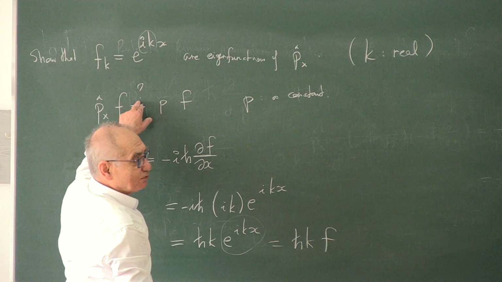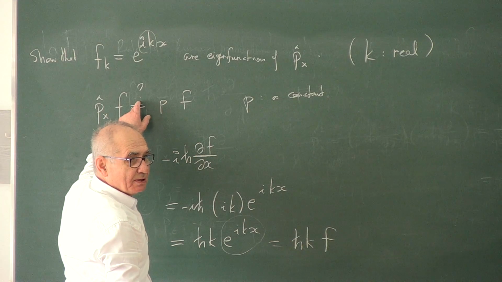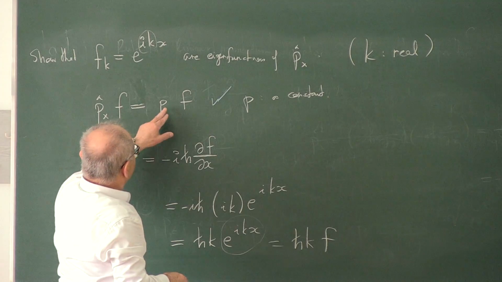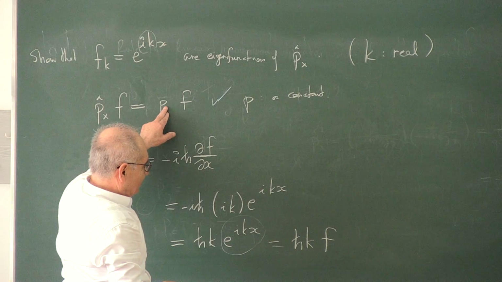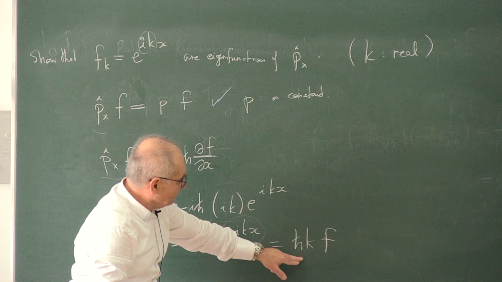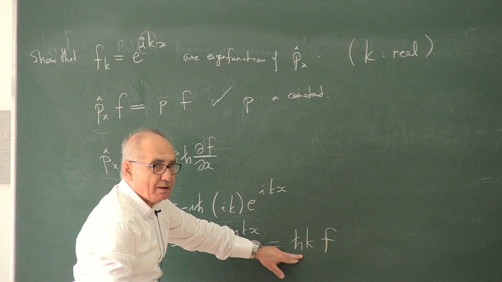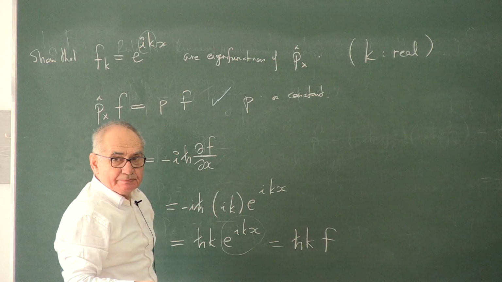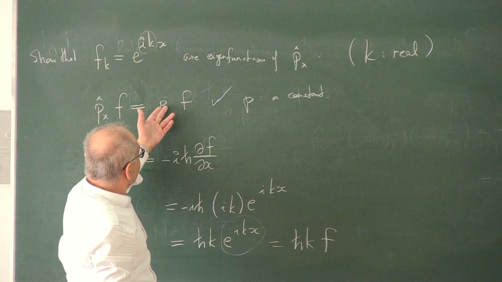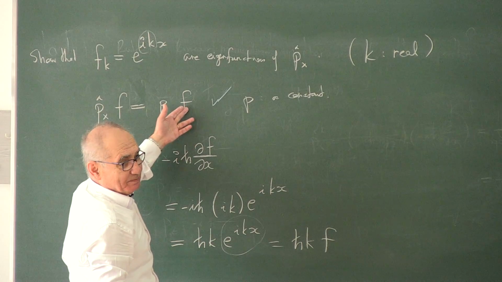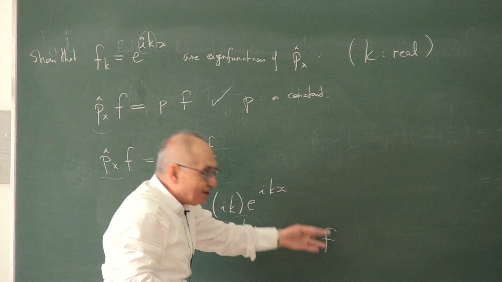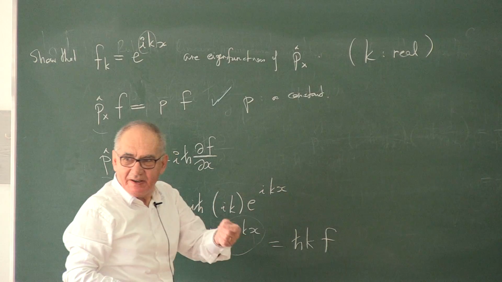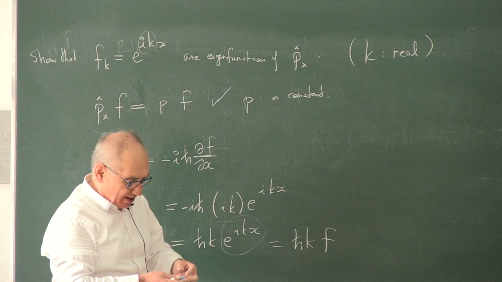Therefore, what is the answer to this question? Yes or no? Yes. Then you ask, what is p? The eigenvalue. Look at here, what is p? p is the constant which multiplies the function. Which constant is multiplying this f? h bar times k. Therefore, p is h bar times k.